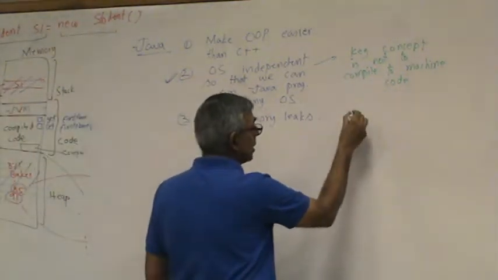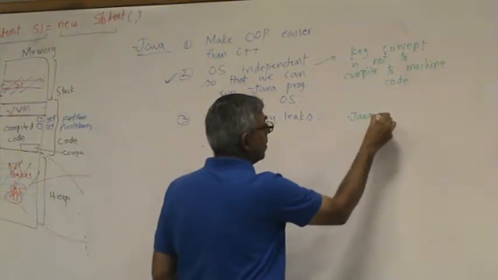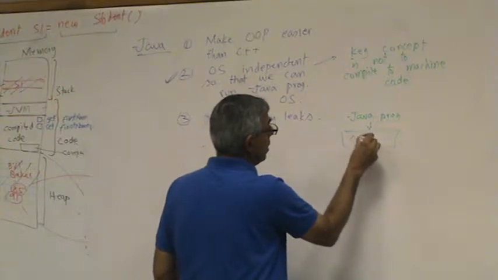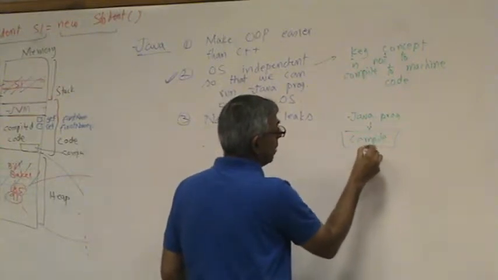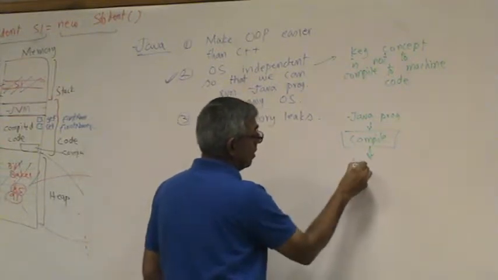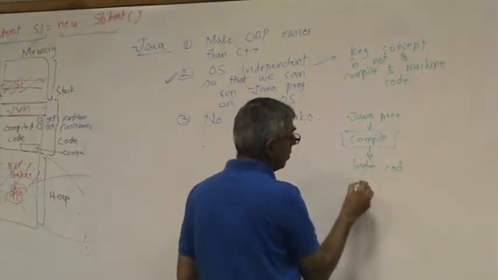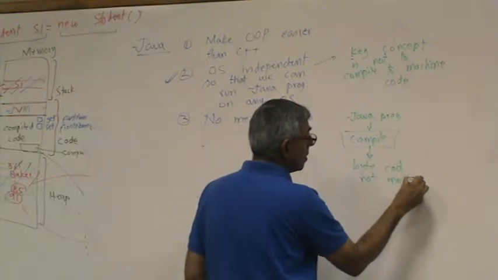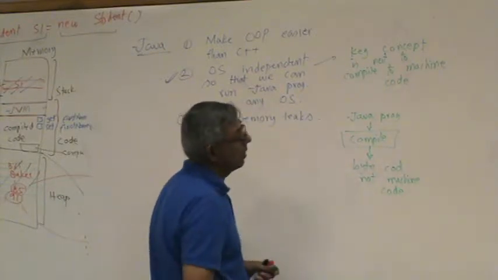So as we discussed, if we write a Java program, we pass it through the compiler. Do we compile it to machine code or some other code? Byte code, right? And byte code, as I mentioned again, is not machine code. Okay, so how do we run it?